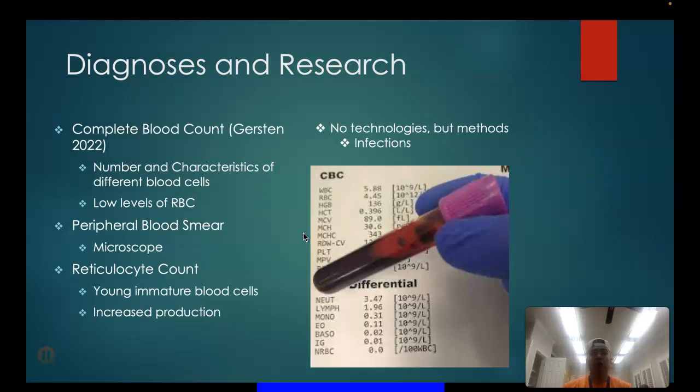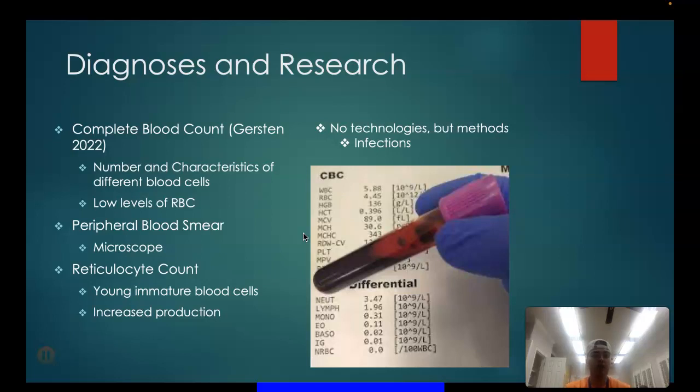It can also show reduced hemoglobin levels and changes in the size, shape, and color of red blood cells. The second type is a peripheral blood smear. This test involves examining a sample of your blood under a microscope to assess the shape, size, and appearance of the red blood cells. And of course, in hemolytic anemia, there are characteristic changes, like fragmented or abnormal looking cells.